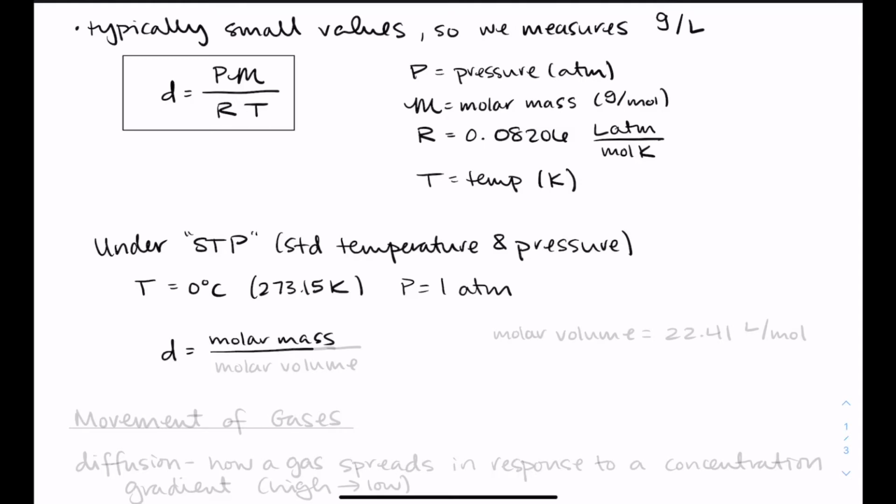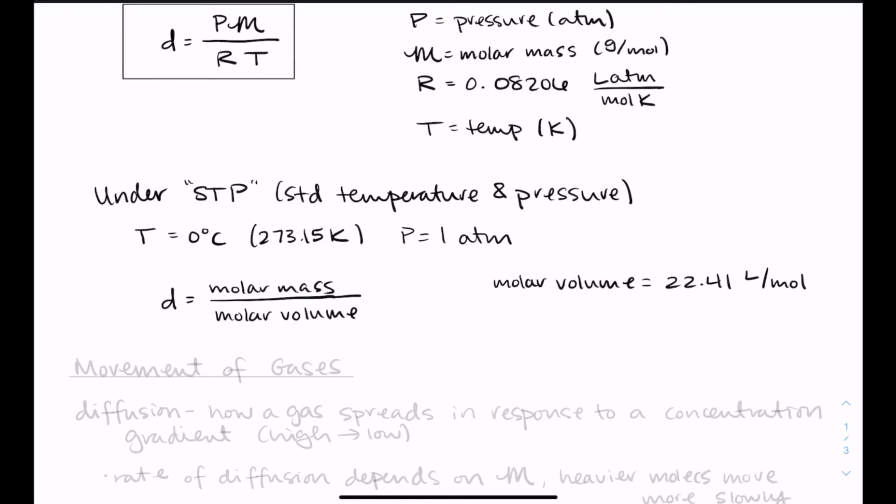That value is going to come up again in a little bit when we talk about models of treating gases, but one way to calculate density is the molar mass divided by 22.41 if you're at 0 degrees and 1 atmosphere. Regardless of the temperature, though, you can always use that density equals PM over RT.